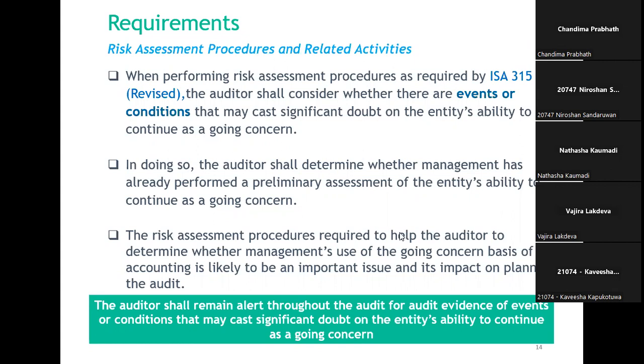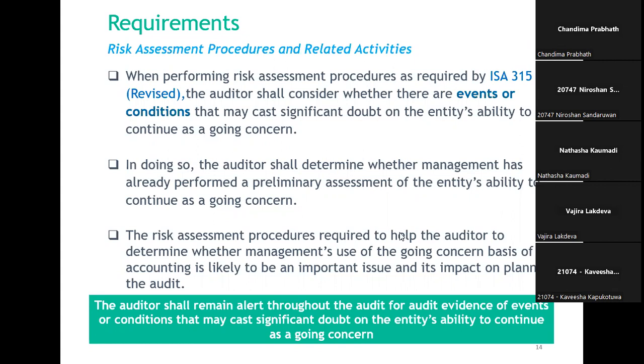In doing so, the auditor shall determine whether management has already performed a preliminary assessment of the entity's ability to continue as a going concern, because it is a requirement under IAS 1 for the management to perform a going concern assessment. It may be a straightforward one or a detailed piece of work, as in the case of Sri Lankan Airlines. Then the risk assessment procedures help the auditor to determine whether management's use of the going concern basis of accounting is likely to be an important issue and its impact on the planning of the audit.